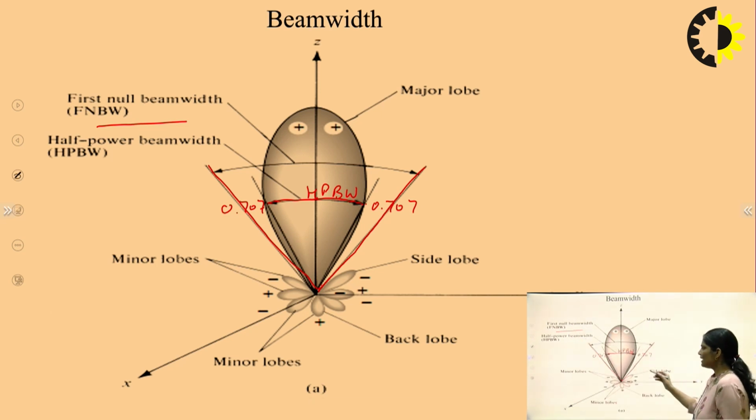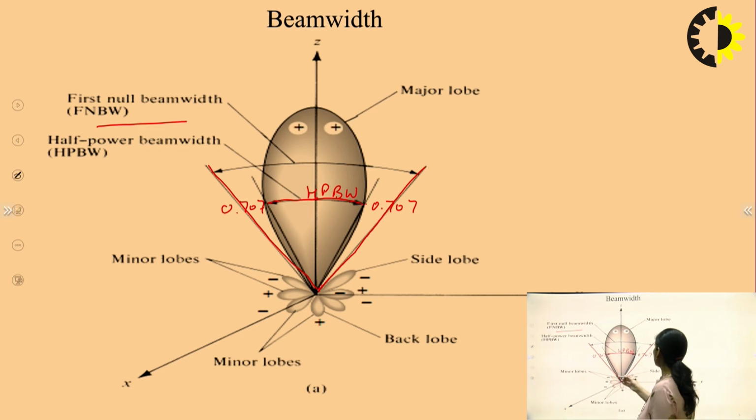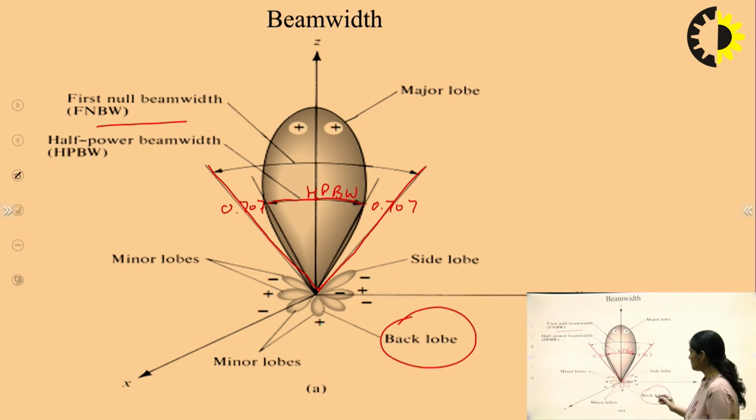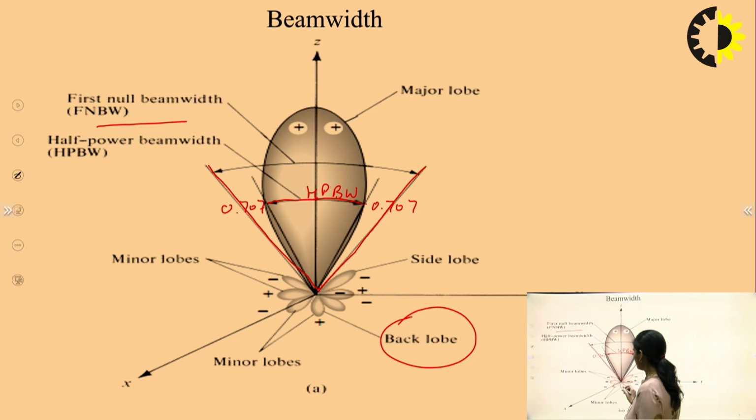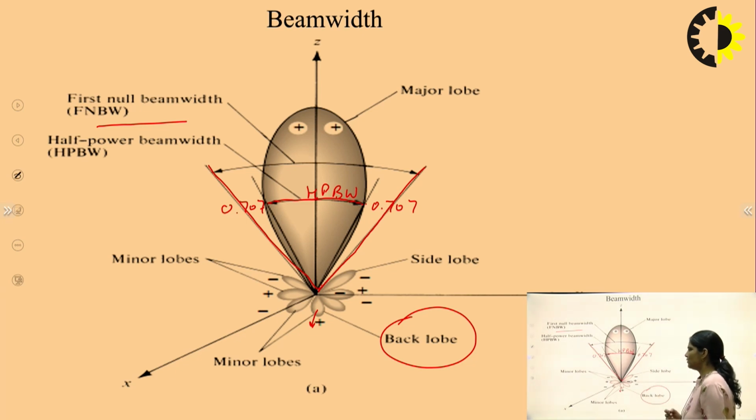This is the major lobe, and except for this major lobe, the other lobes are known as side lobes, or you can say minor lobes. And the back lobe, already discussed in the previous lecture, is at 180 degrees from the intended lobe. So the back lobe is the 180 degree of this intended lobe.